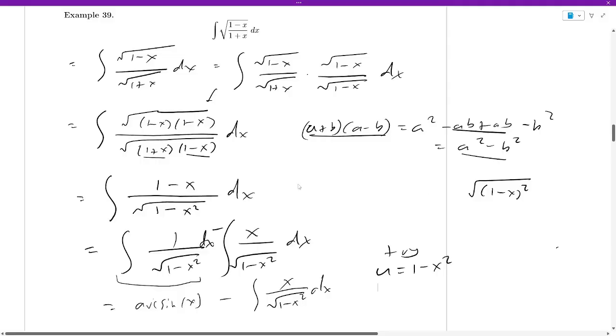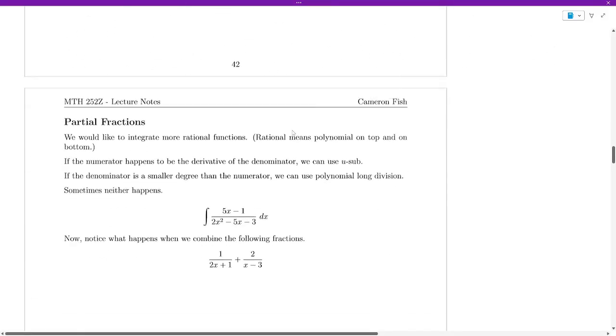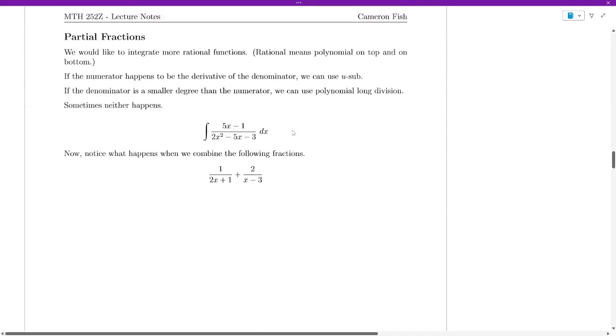Okay, so that's 5.4a. We're going to start talking about partial fractions now. This is one of our main techniques, comparable to u sub or integration by parts. Probably a little less popular than those two, but it comes up pretty often, and it's slightly tricky. So let's talk about it.